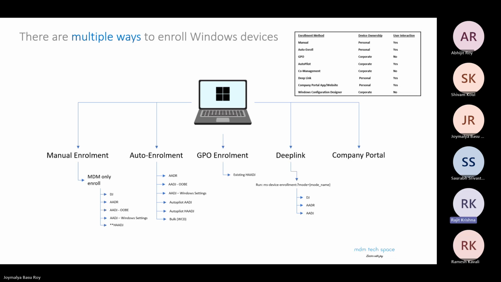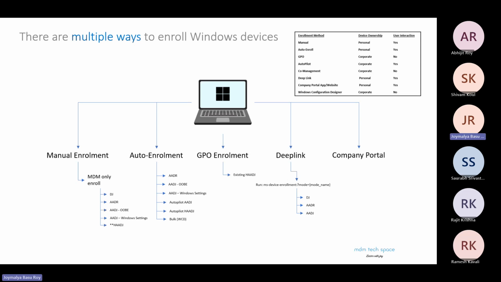Are deep links still significantly used, Joy, as a part of enrollment? Yes, deep link is used in some cases. There are Windows core operating systems which do not come with a UI, on factory floor devices and things like that.